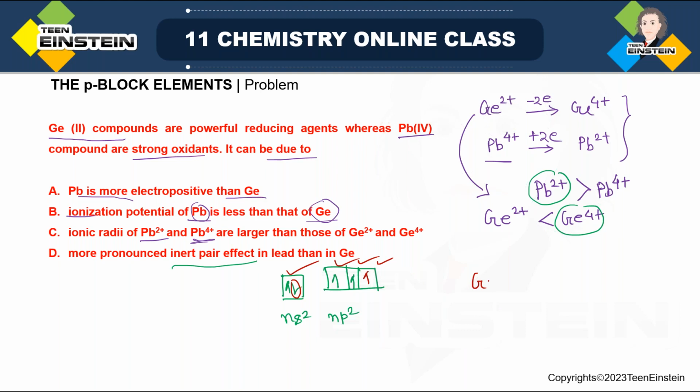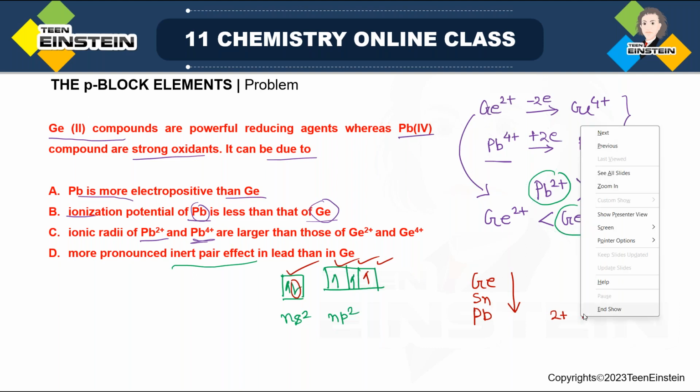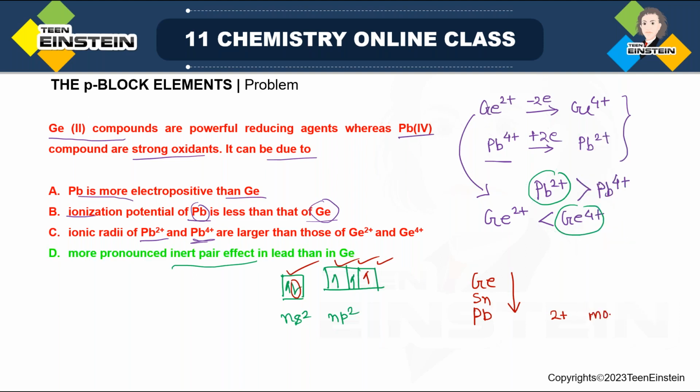Now as we know, if you consider Ge and Pb, after germanium there is also tin, that means Pb is below Ge, and as we move down the group the 2+ oxidation state becomes more stable than 4+. Why? This is because of the inert pair effect. So as the 2+ state is more stable than 4+ as we move down the group, Pb4+ will be less stable than Pb2+ because Pb is below Ge, and among these Pb is the most stable in the 2+ state because of the inert pair effect.